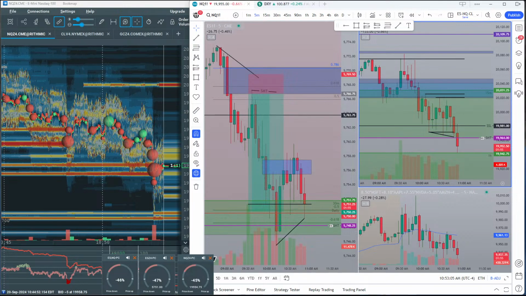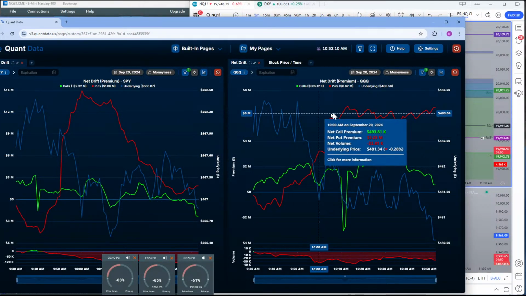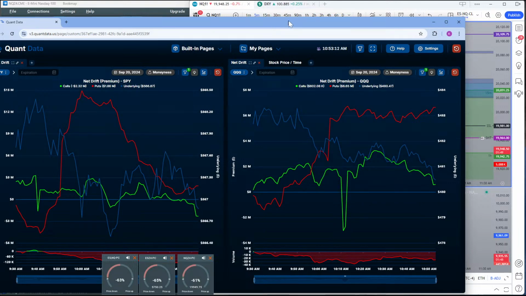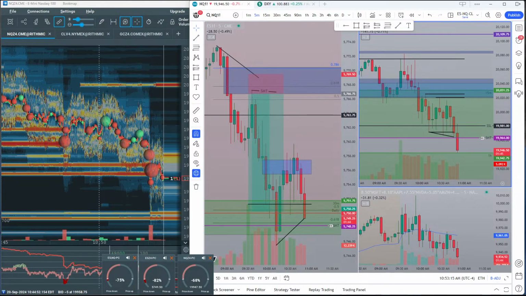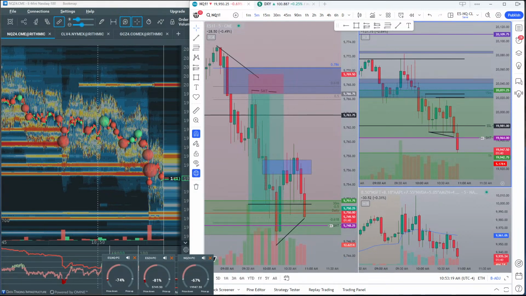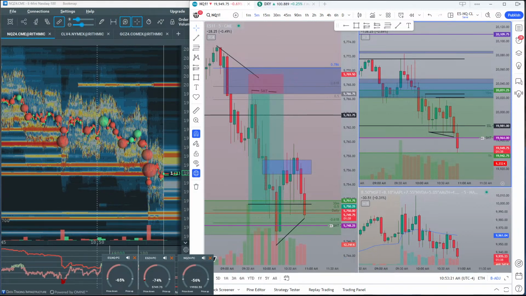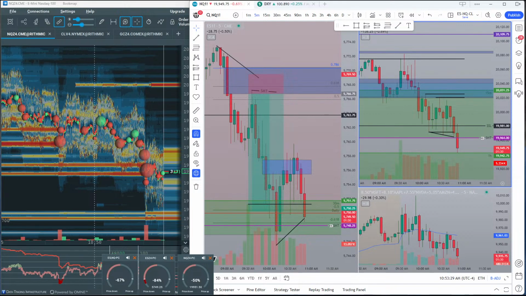We had the quant data telling us puts were winning all day, right? Quant data puts were in the green, calls were pretty bearish. So we could have kept an eye on that to have some sort of an idea. Sounds like some good selling pressure to step in, see if we want another leg down on this drop.